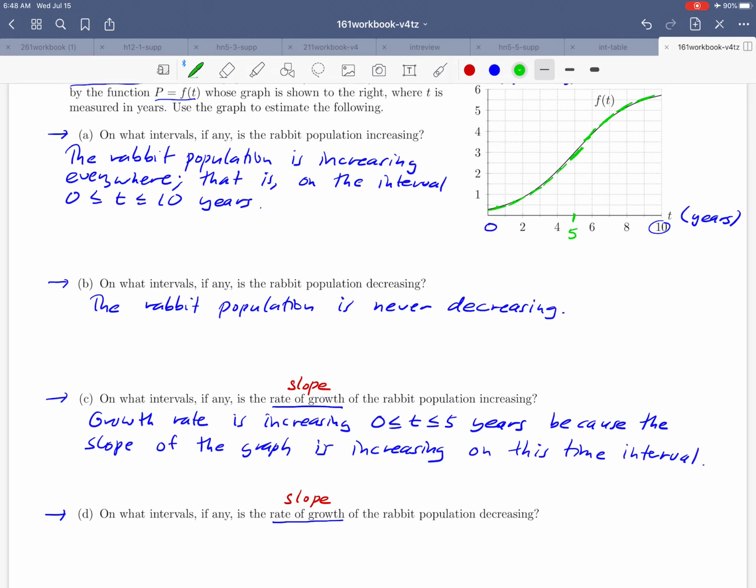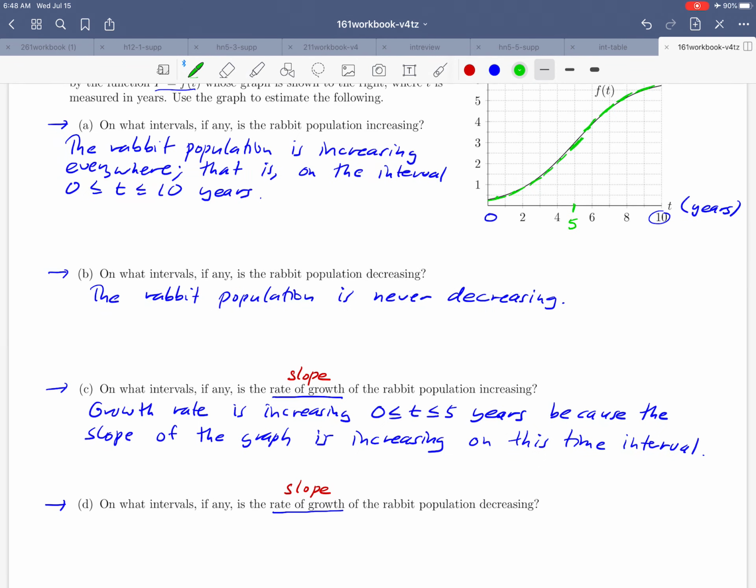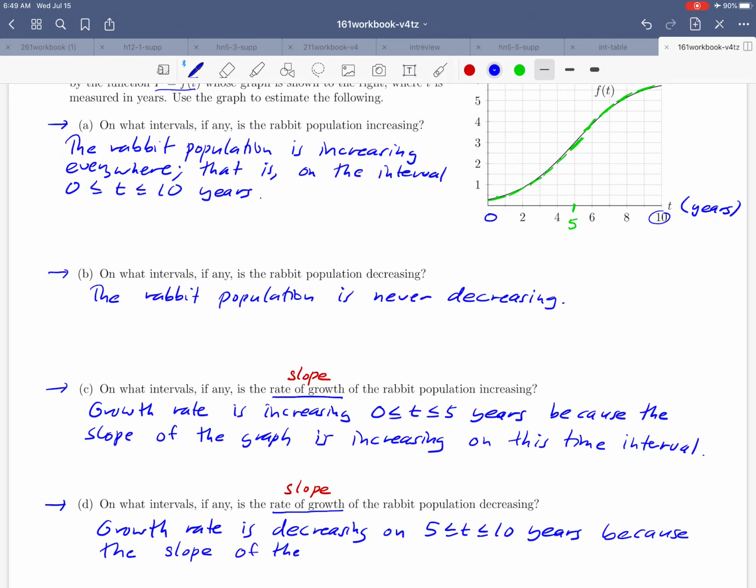So we could say that the rate of growth of the rabbit population is decreasing between 5 and 10 because of those decreasing slopes. The slope of the graph is decreasing on this interval.